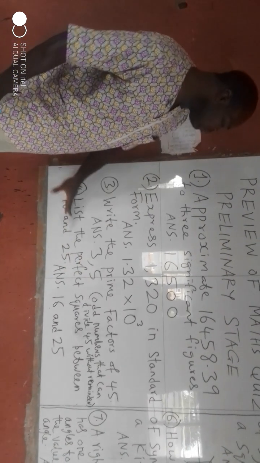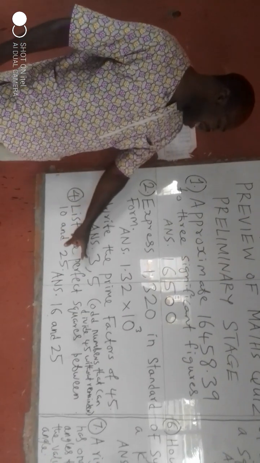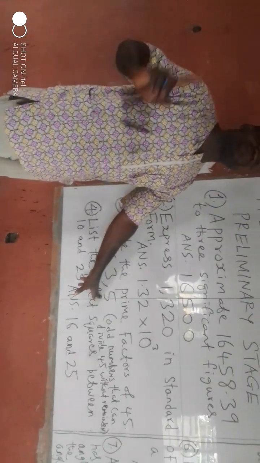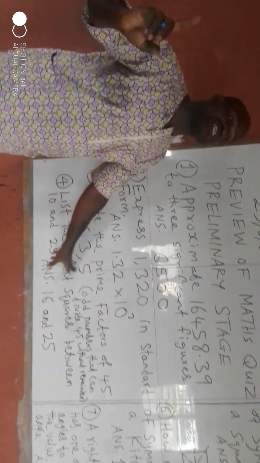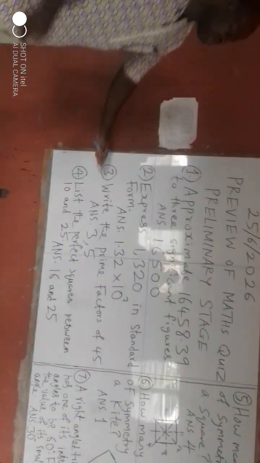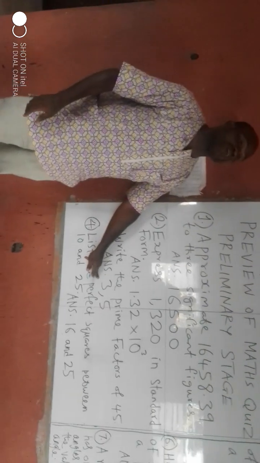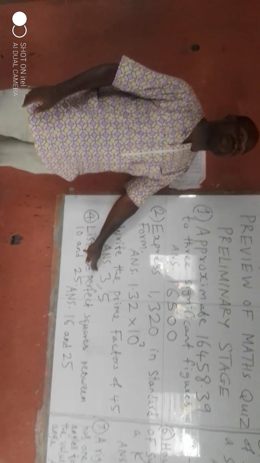So the prime factors of 45 are 3 and 5. But 9 can divide 45 too. Okay, let's see. The prime factors of 45 are the prime numbers that can divide 45 without any remainder.